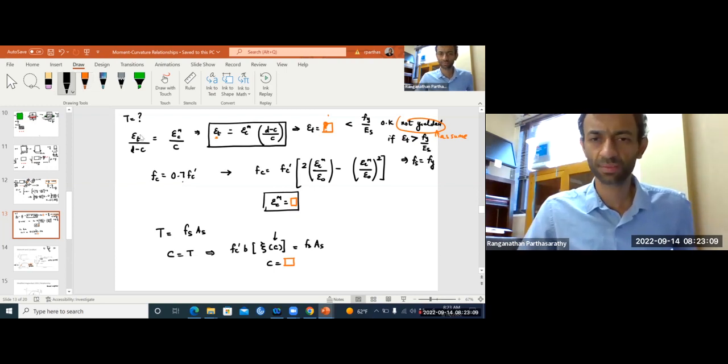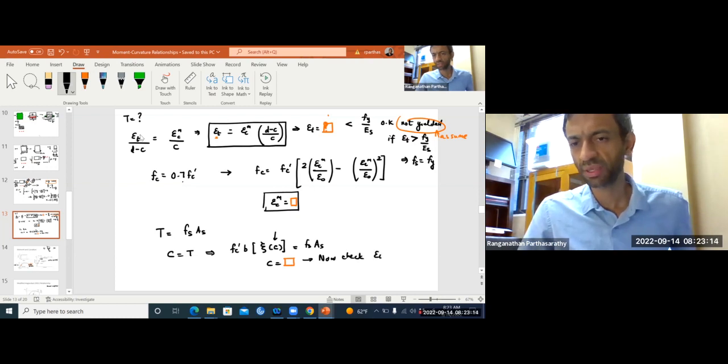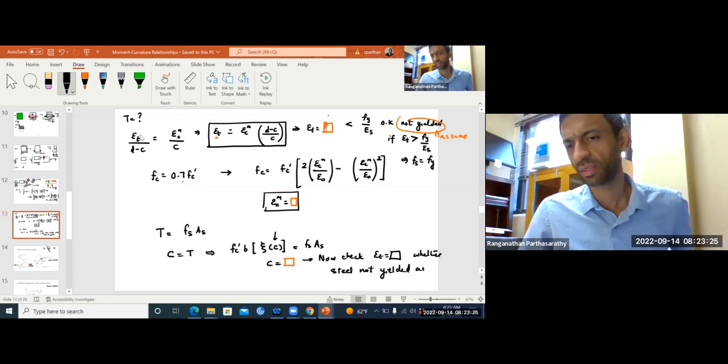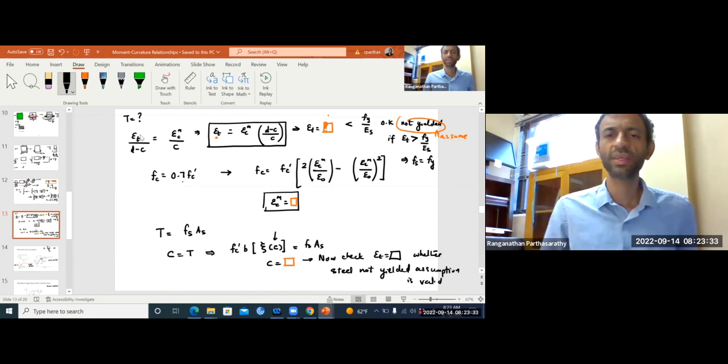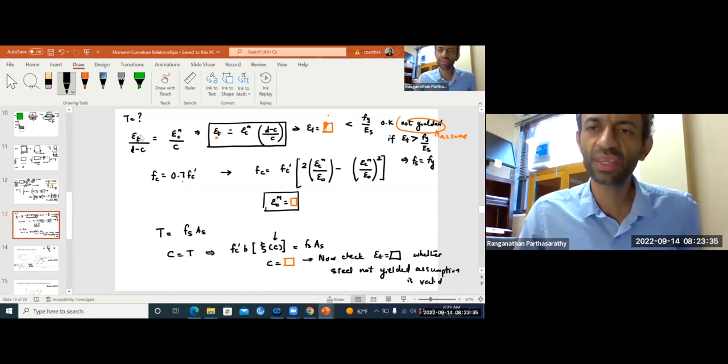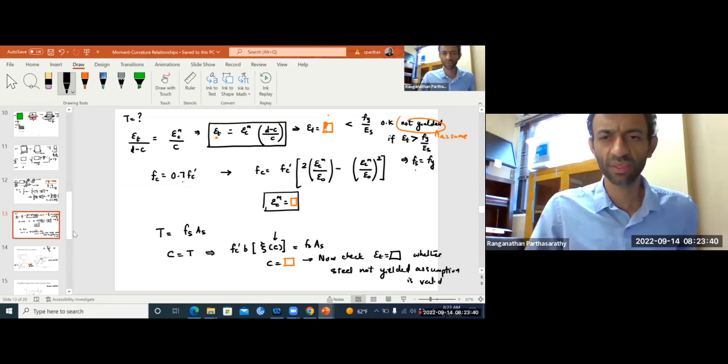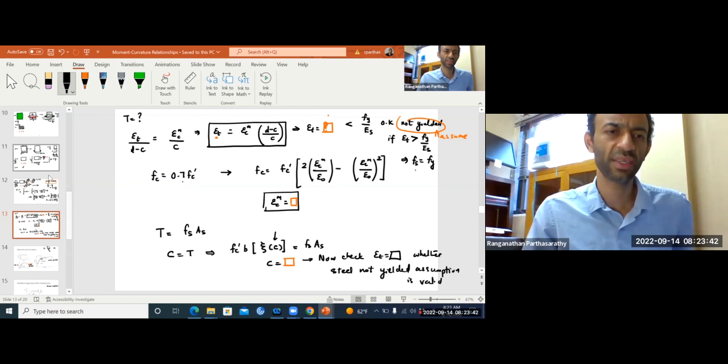Now we need to check how much is epsilon T and whether the not yielded assumption is valid. If not, you need to go back and adjust the steel stress to Fs. Now we will solve the numerical problem, but I hope you're understanding.